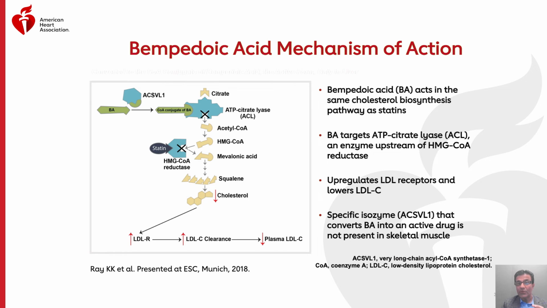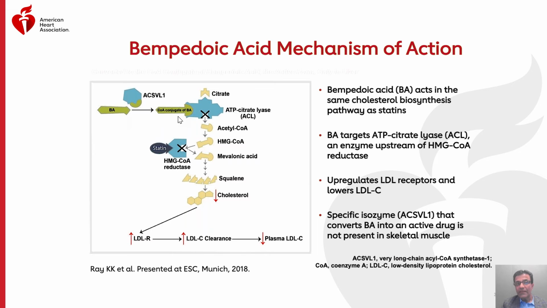Now, bempedoic acid, as you will notice, works on the same pathway as statin therapy. It's in the same HMG-CoA reductase pathway, but it's much higher up. It inhibits an enzyme called ATP citrate lyase. But the interesting thing is that this medication is a prodrug.